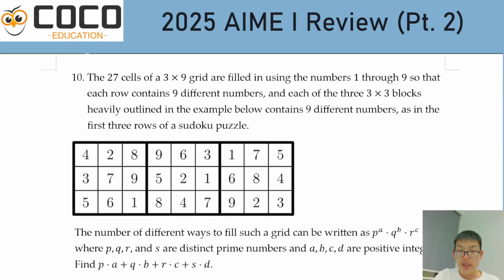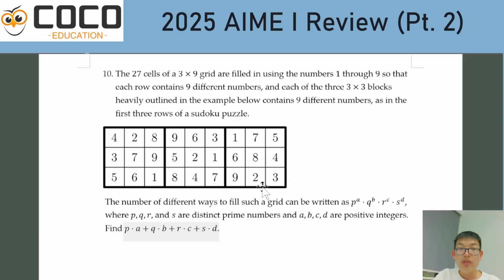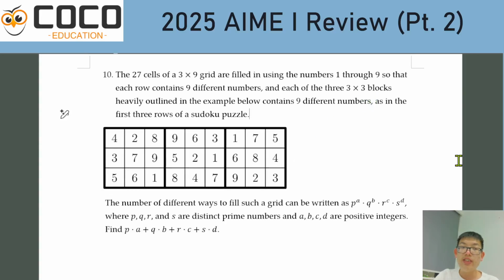Okay. Right, now that leaves us with number 10. Another fairly long-winded question, basically telling you that you want to have 1/3 of a Sudoku. And I want to count the number of ways to fill up, let's say 1/3, meaning 3 rows of a Sudoku, such that it still satisfies the Sudoku rules.